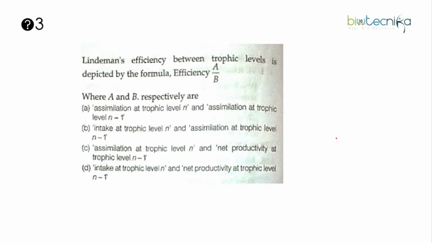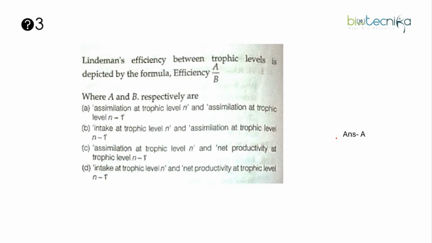All right? So you have the different trophic levels, and this is particularly from your secondary production. Okay, so basically efficiency is calculated as your assimilation at trophic level n and assimilation at trophic level n minus 1.